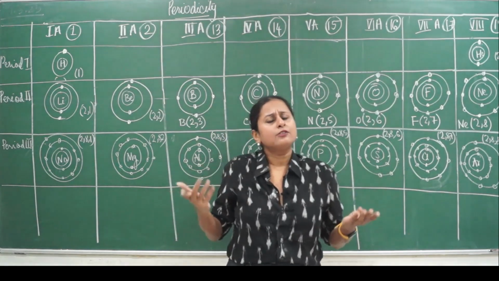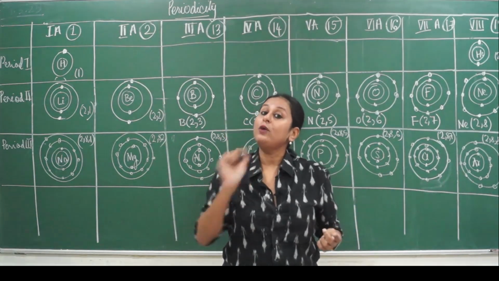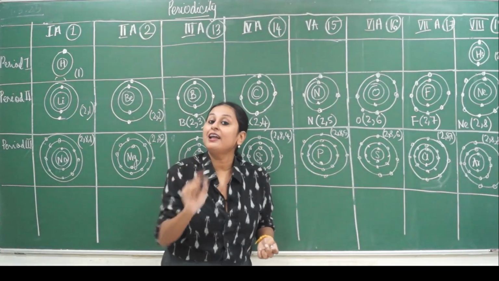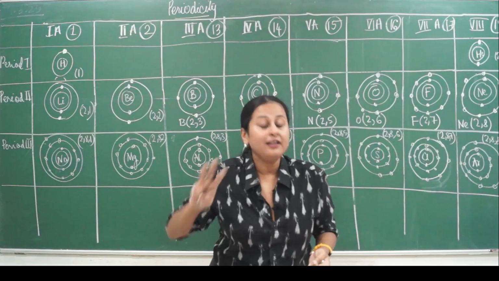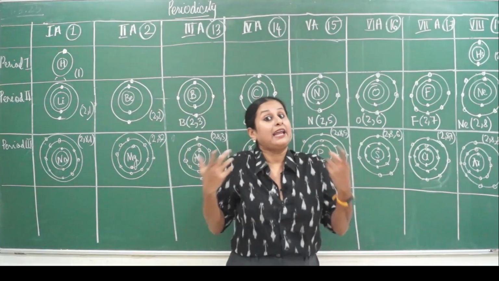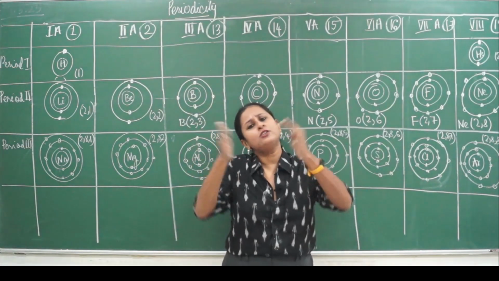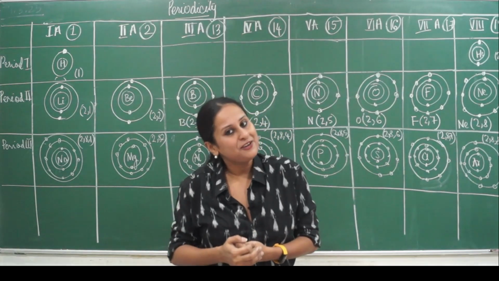According to our 2n square rule, the third shell can have 2 into 3 square, that is 18 electrons. So we can place those 9 electrons in our last shell, can't we?